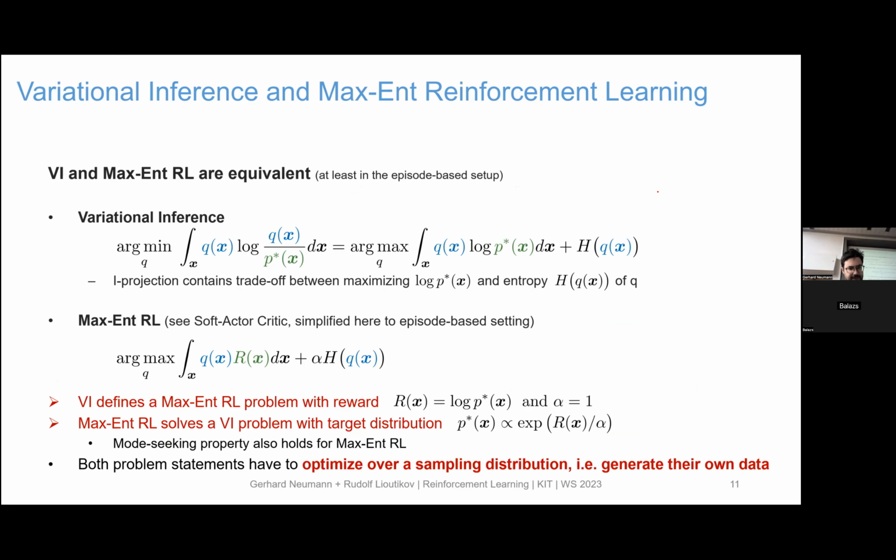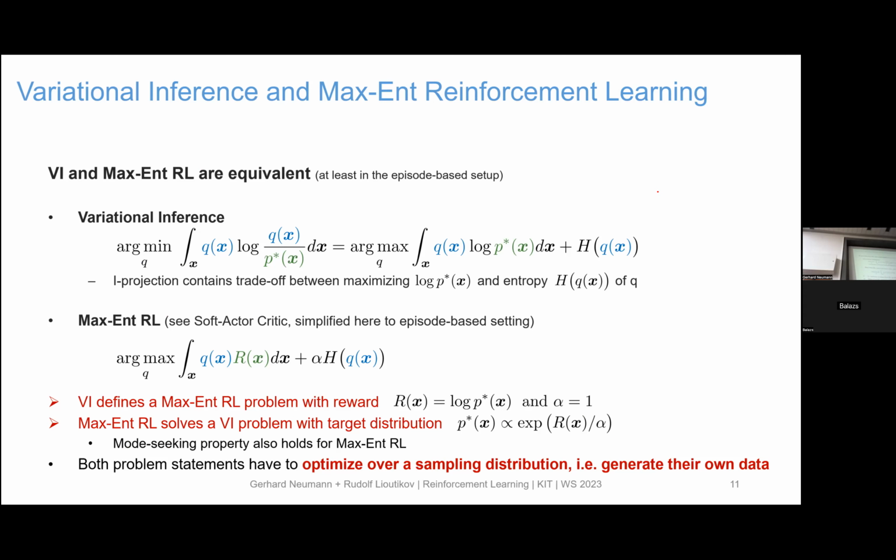I think this slide should not be there, but we can quickly discuss it, because we can also already see a relation between reinforcement learning and variational inference if we look at the equation.